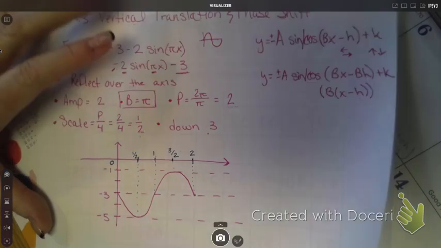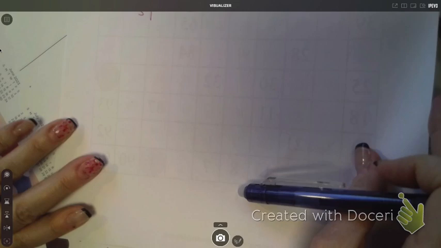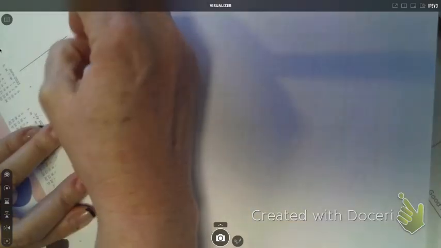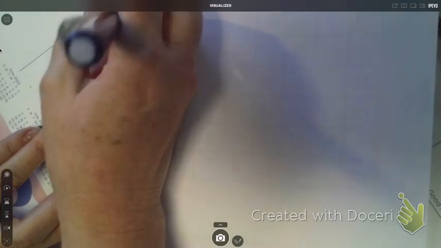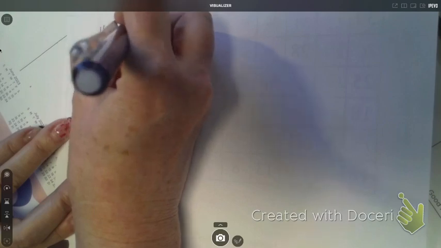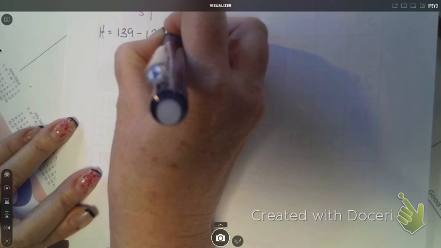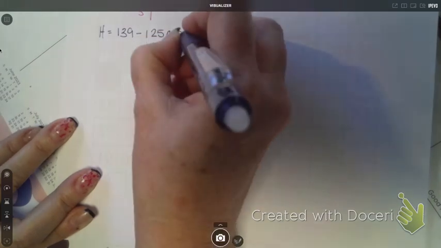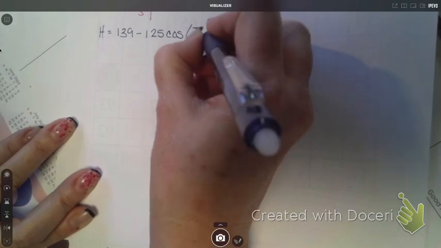I'll do another one, up and down. This one has a story problem. H equals 139 minus 125 cosine of pi over 10t.